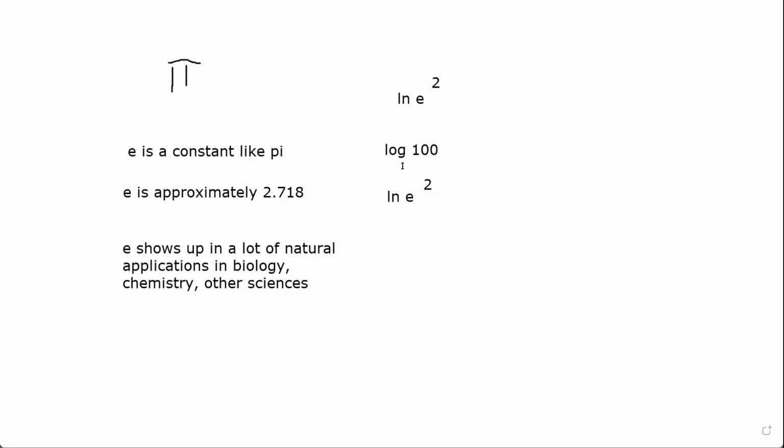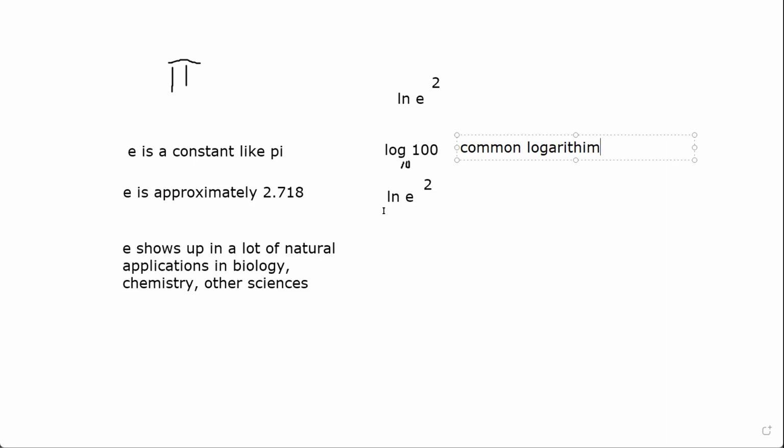If I don't have a base written down, we understand that to be a 10. We don't write the 10, but I'm going to write the 10 for you here. This is what we call the common logarithm, or the common log.